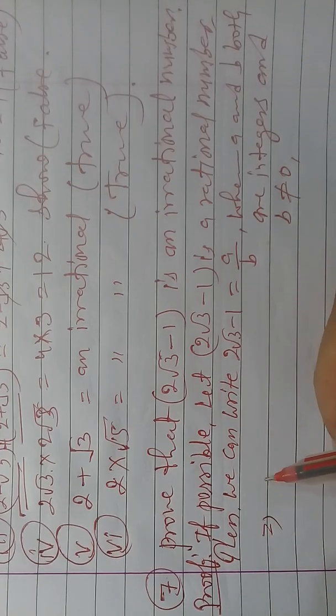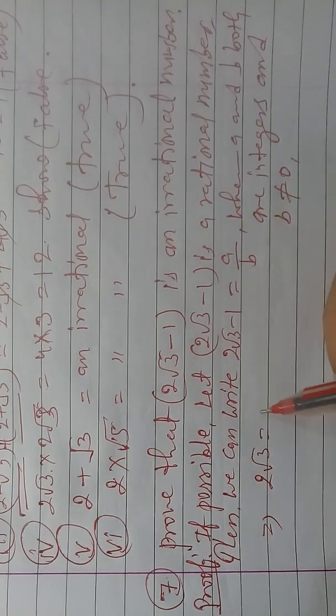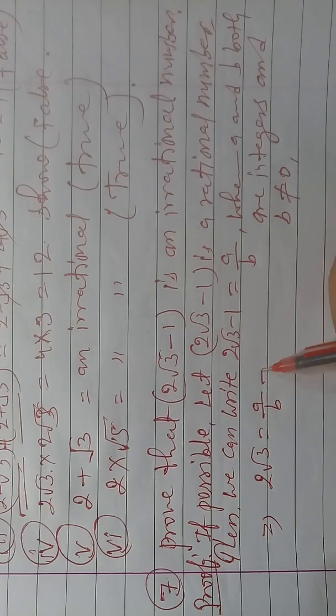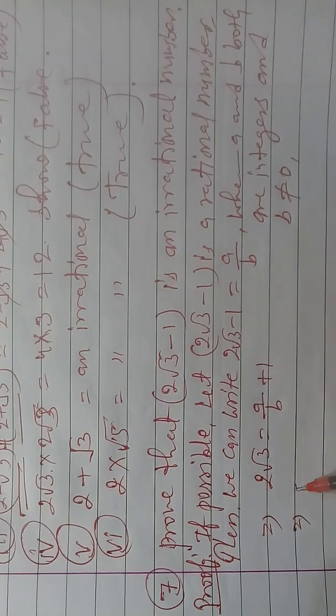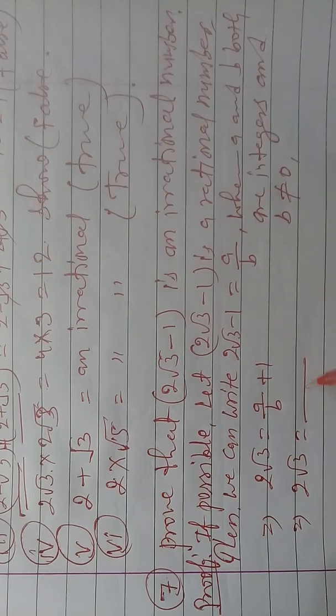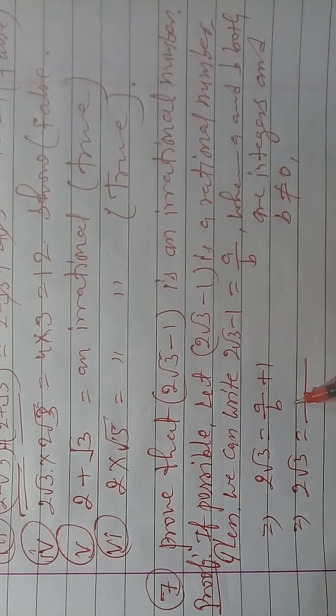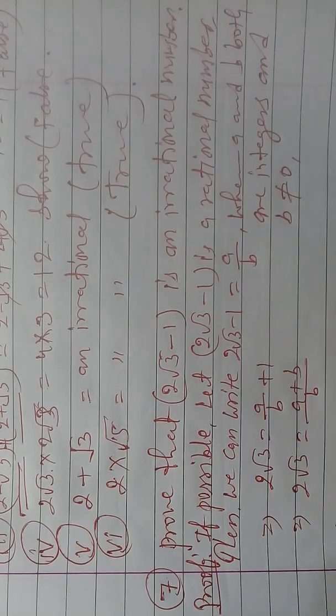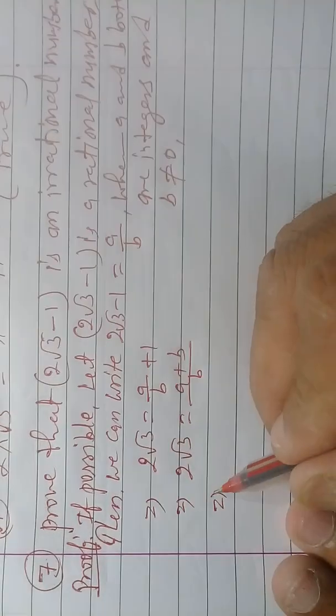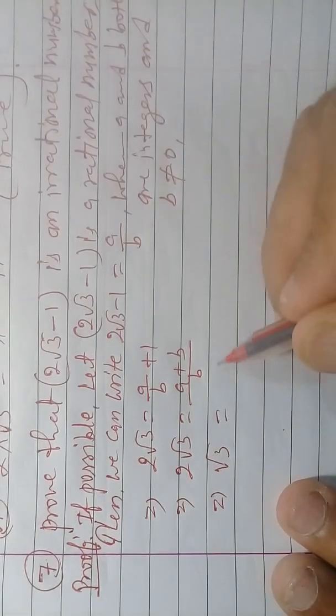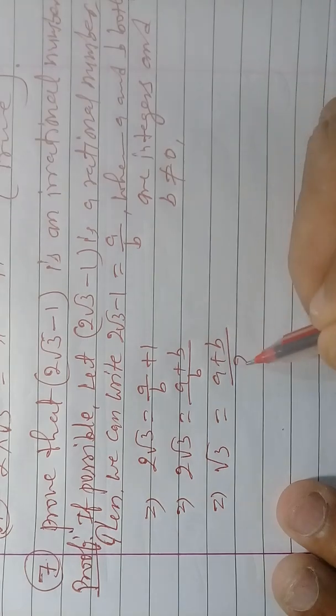This implies 2 root 3 is equal to a by b plus 1, which implies 2 root 3 is equal to (a plus b) by b, which implies root 3 is equal to (a plus b) by 2b.